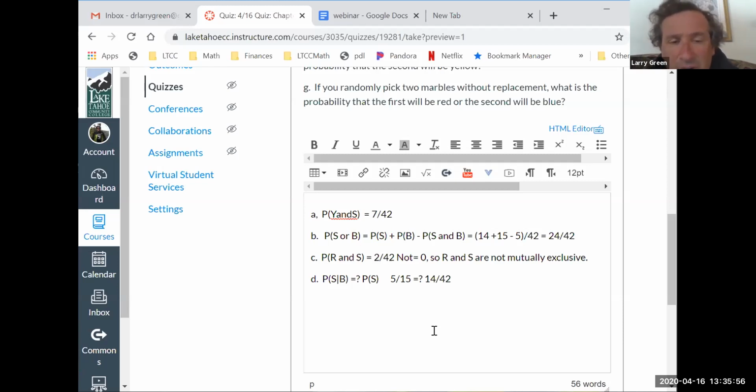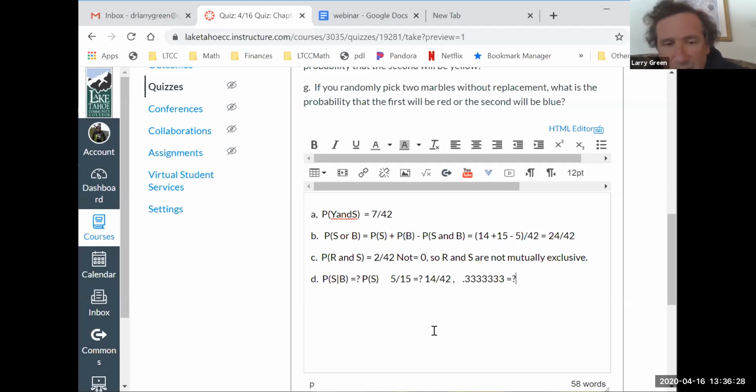Are those numbers equal to each other? Are those fractions equal? What do you think? Okay, and you don't have to do fraction arithmetic. You can just pop it in a calculator if you felt like it, but you have to know how to do it. So if you put it in a calculator, that 5 over 15 is 0.33333, a bunch of threes.